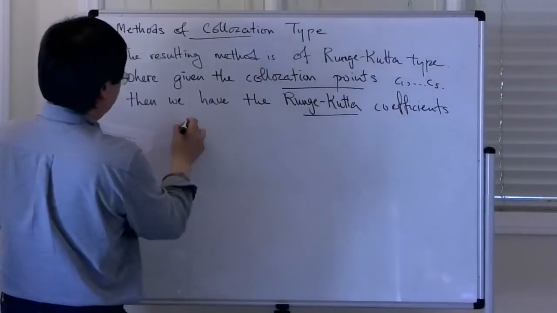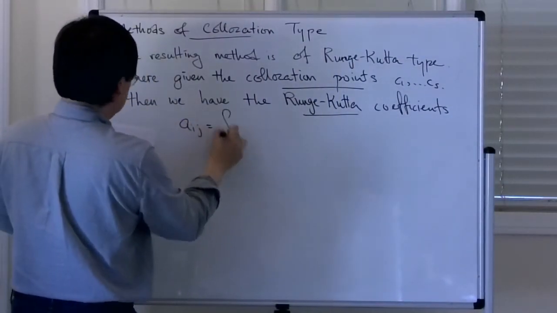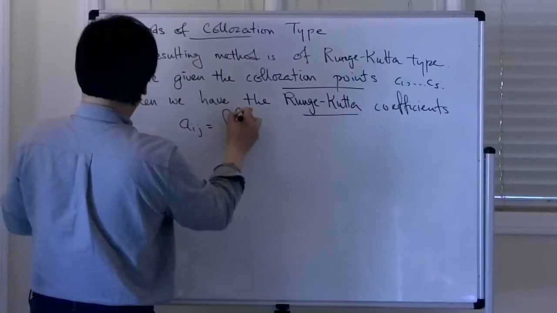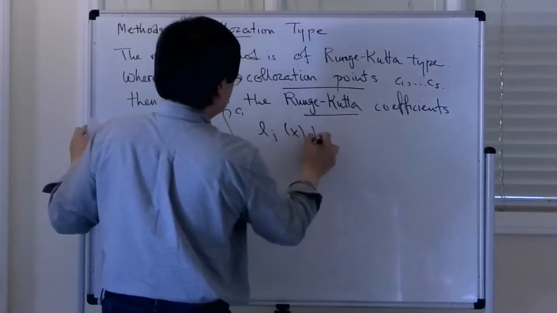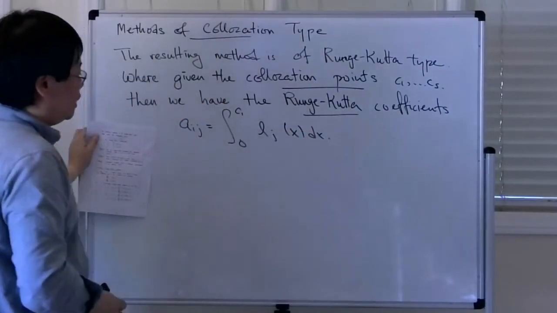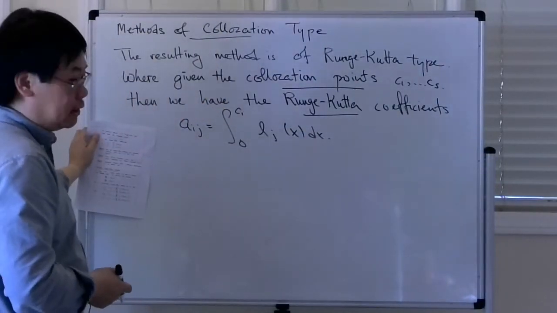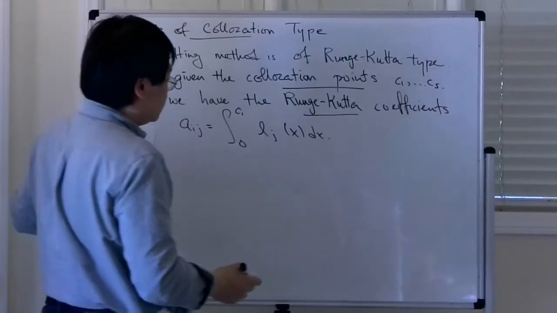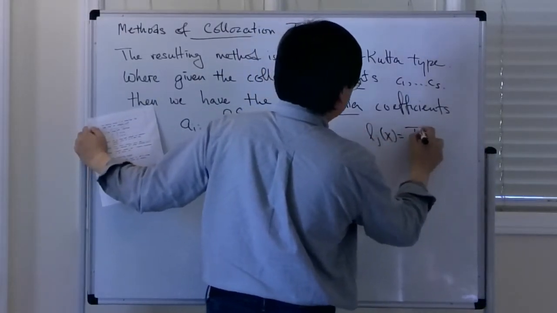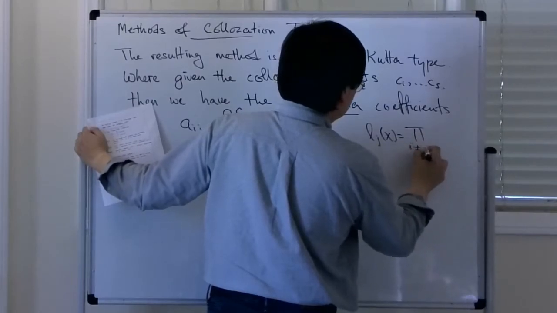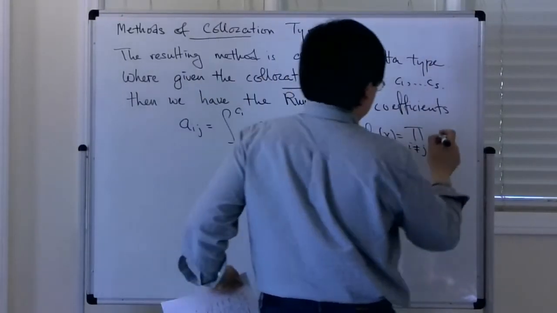Which are given by aij is the integral from 0 to ci of lj(x) dx. And as a reminder, the lj's are the Lagrange polynomials, and they are defined to be the product of the following expressions, right?